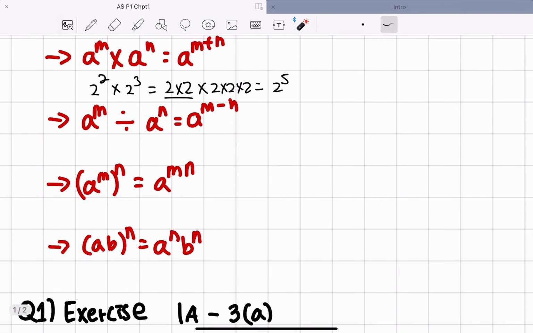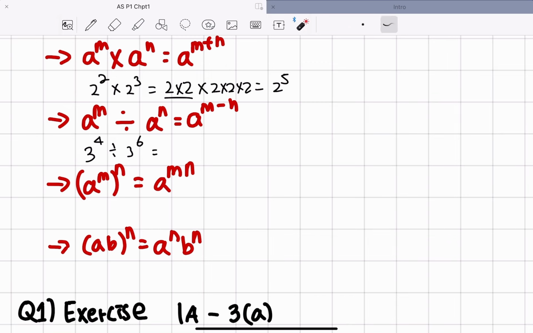And the second one is a to the power of m divided by a to the power of n equals a to the power of m minus n. We can also make a simple example. Let's set a equals 3. So let's say 3 to the power of 4 divided by 3 to the power of 6.